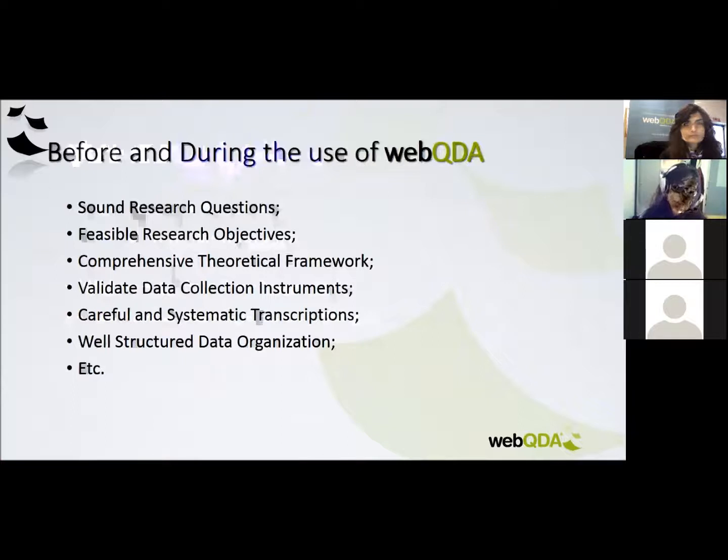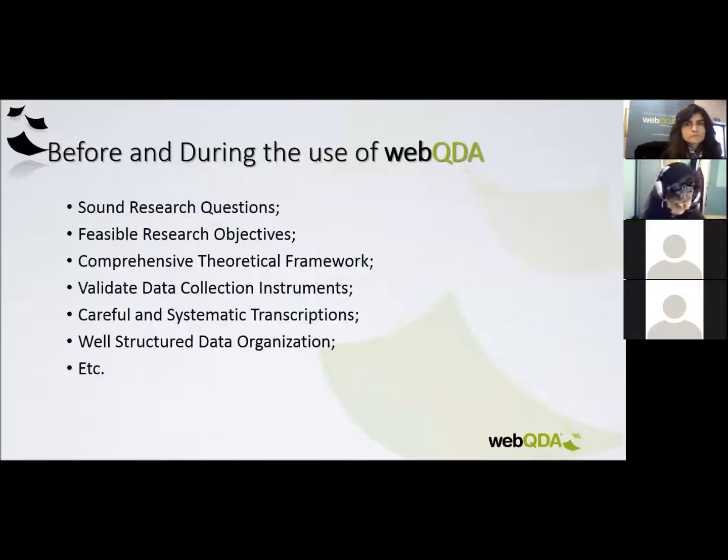And this has to do with, you have to build a good research project. You have to have sound research questions, feasible research objectives. You need to have a good theoretical framework. Your instruments to collect the data need to be well developed. You have to have a strong design that connects the different aspects of the research.